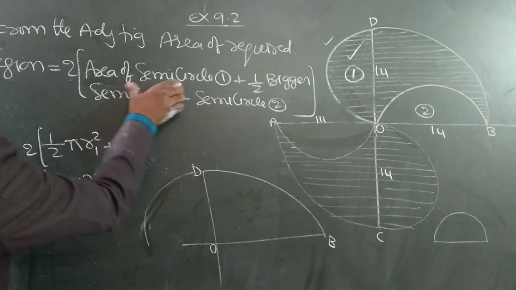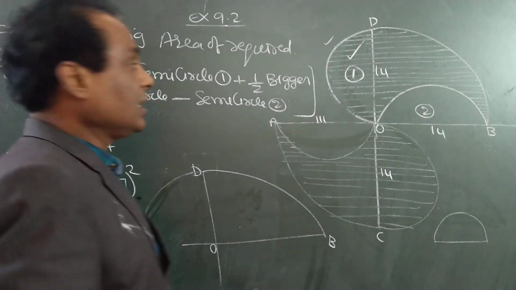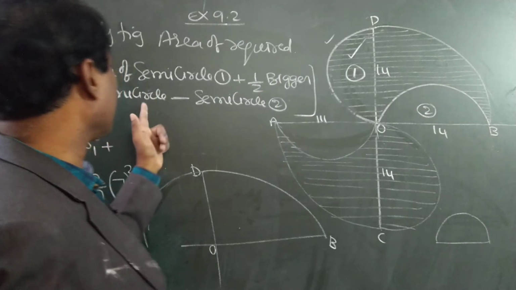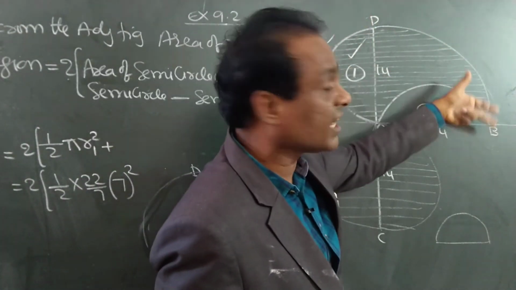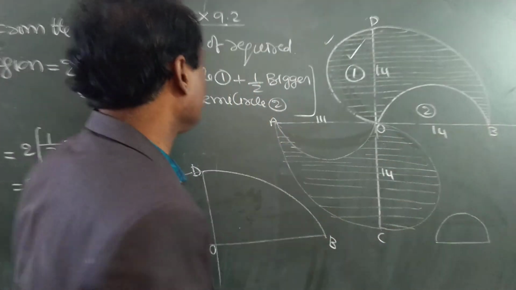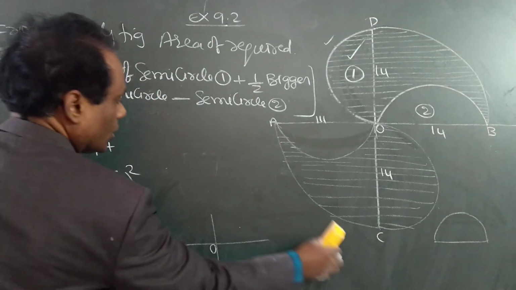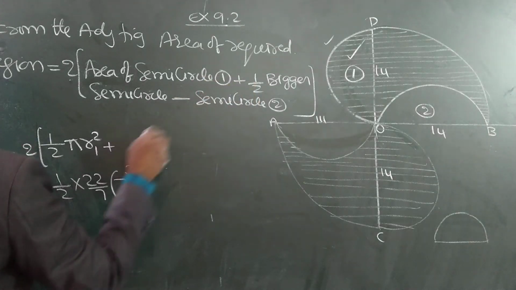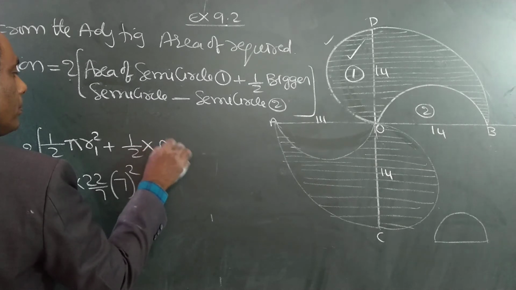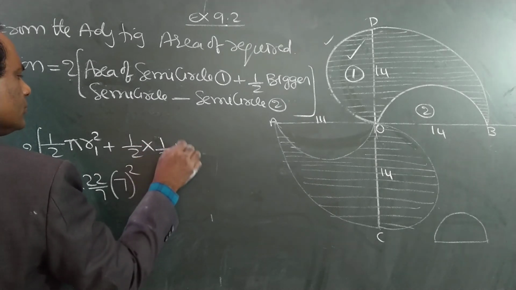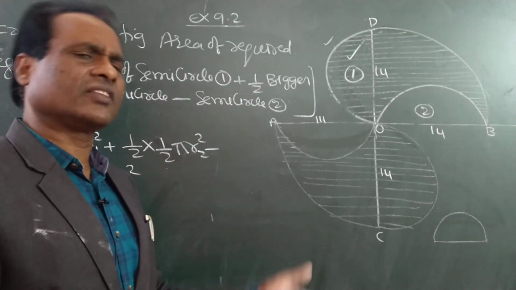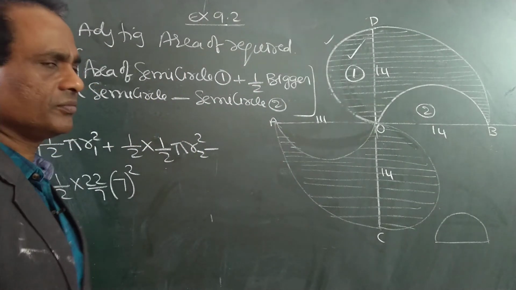So area of semicircle 1, area of this bigger semicircle, half of the bigger semicircle, because this is not a full semicircle, only half, minus semicircle 2. Now, don't write yet. What is the area of a semicircle? Same, half pi r square. Semicircle itself is half pi r square.